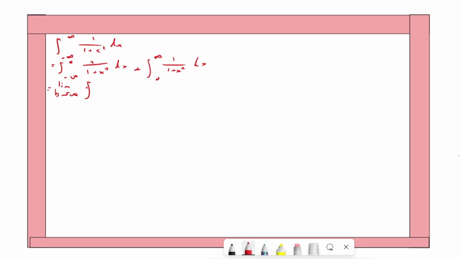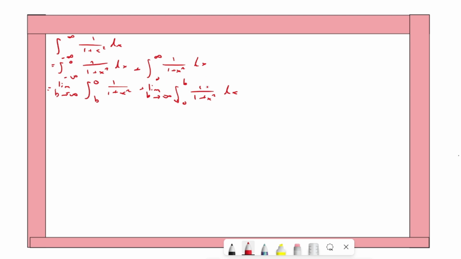So one of the limits is b going to negative infinity, with the integral from b to 0 of 1 over 1 plus x squared, and we're just going to add another limit. We can add infinite limits together. That's fine. This b is going to represent the infinity, one b representing negative infinity, one representing positive infinity. I know the b seems ridiculous, but it helps with clarity, and technically that's the mathematically correct thing to do.